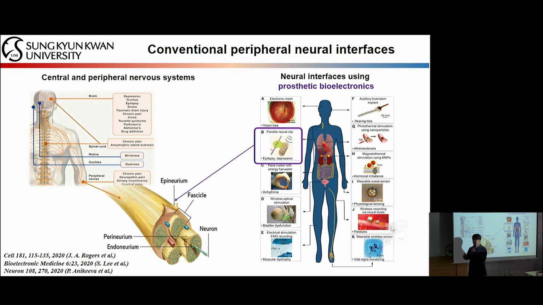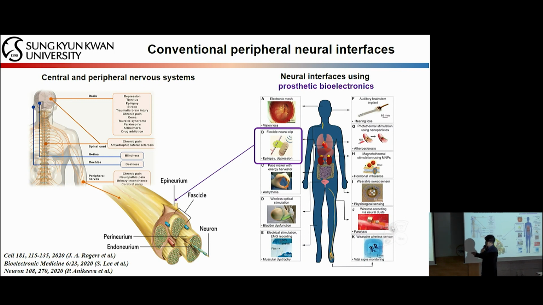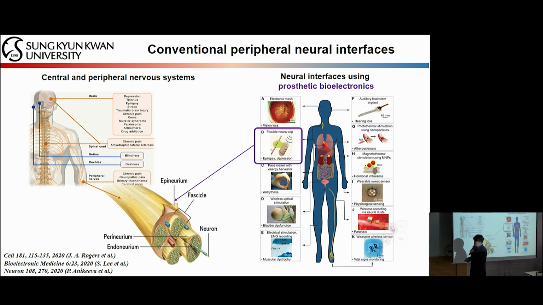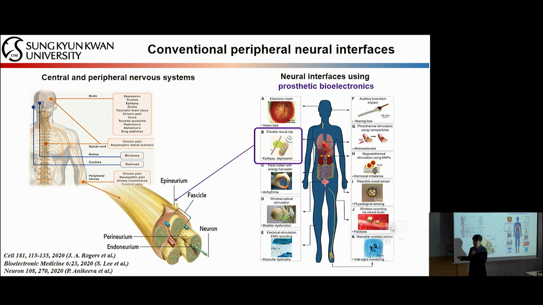That's why many groups have focused on invasive neural interfaces. However, I think this can be improved if we apply deep neural network or machine learning techniques. We can supplement the shortcomings of existing cuff-type devices. That's why our research group has focused on the cuff-type device.